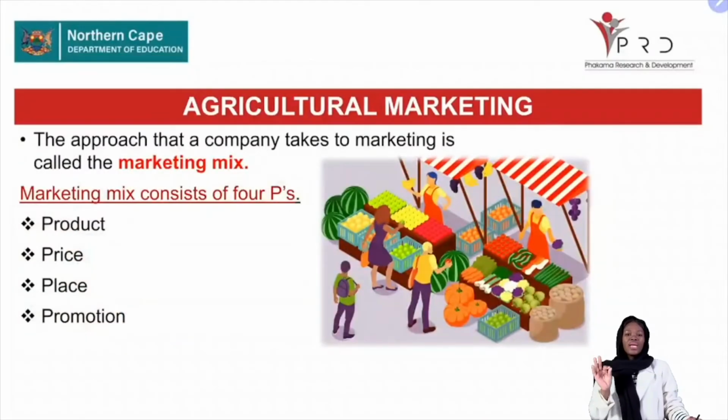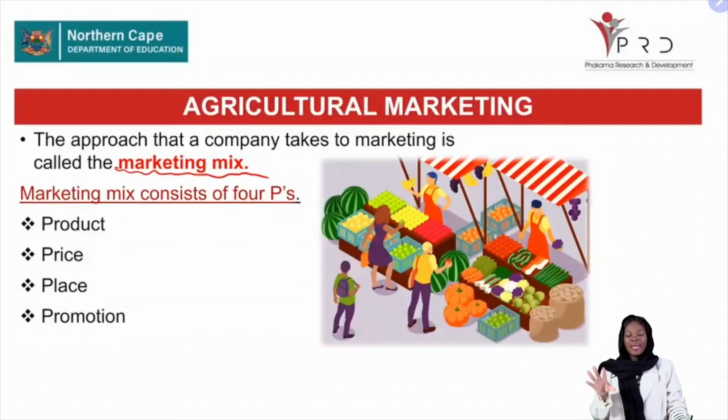Now, when it comes to agricultural marketing, there is an approach that a company has to take to ensure maximum production and to ensure that consumers' needs are catered for and to ensure consumer satisfaction. Now, the approach that a company takes to marketing is called the marketing mix.